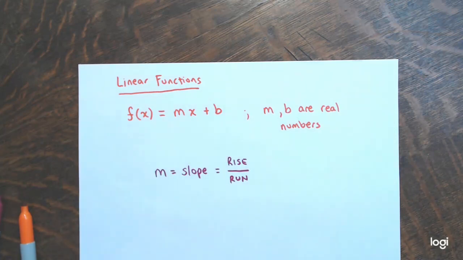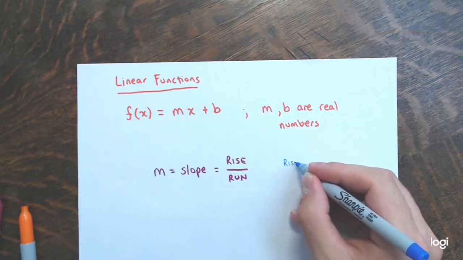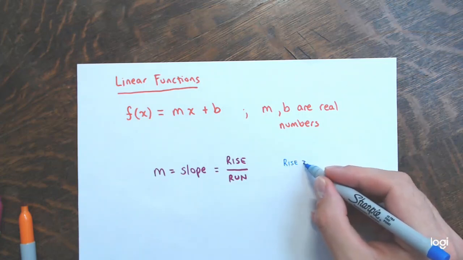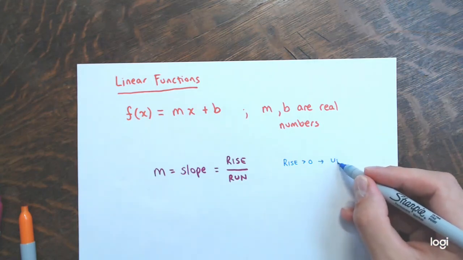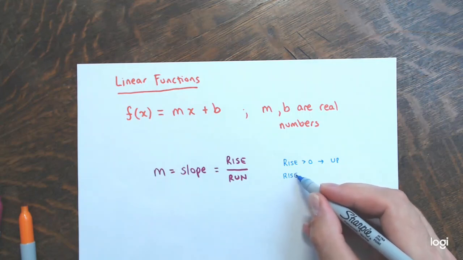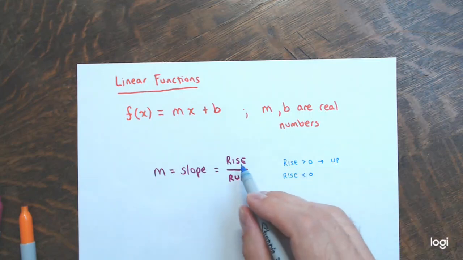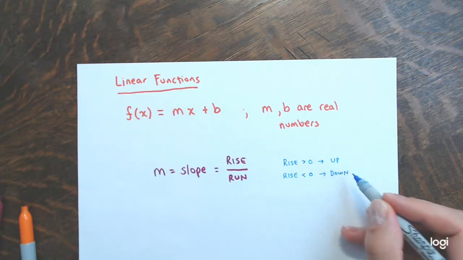Now when we're talking rise and run, if rise is a positive number, that means I'm moving up. If rise is a negative number, it means I'm moving down.